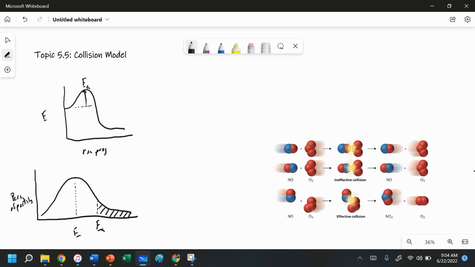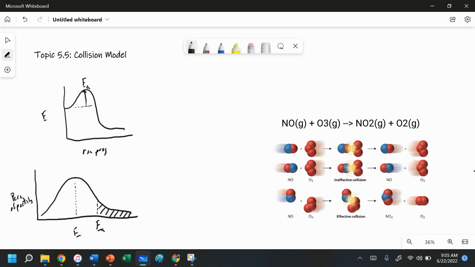The second thing we talked about was orientation. I've given you a little diagram over here on the right-hand side to show you how orientation works. Let's say that you had a reaction between nitrogen monoxide and ozone, O3. When those collide correctly, we will produce nitrogen dioxide and oxygen if the reaction actually occurs effectively.